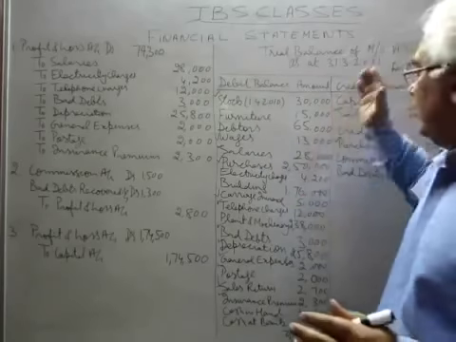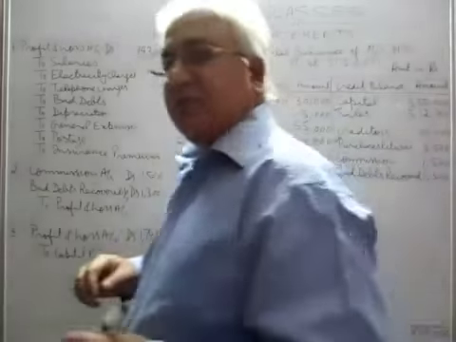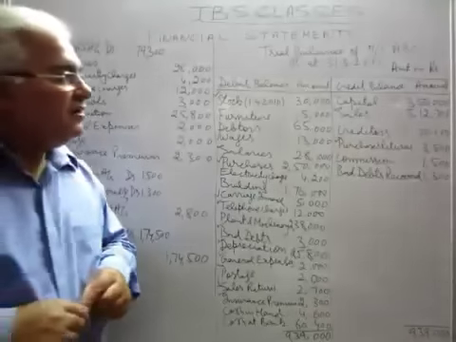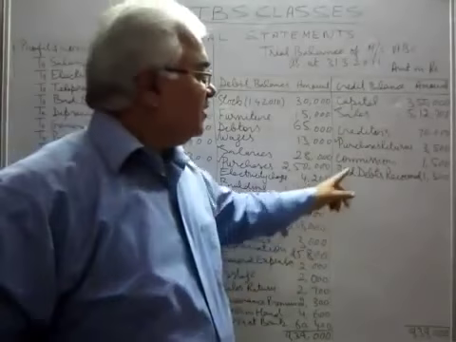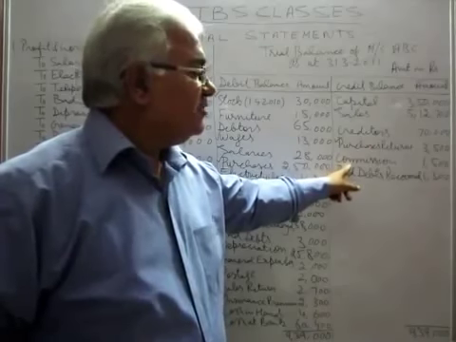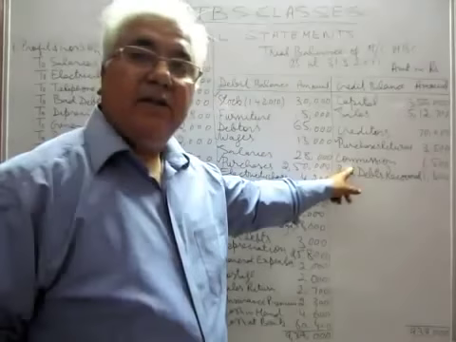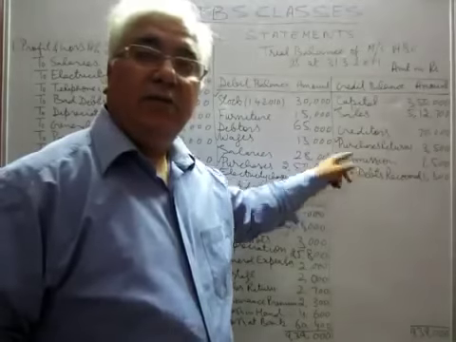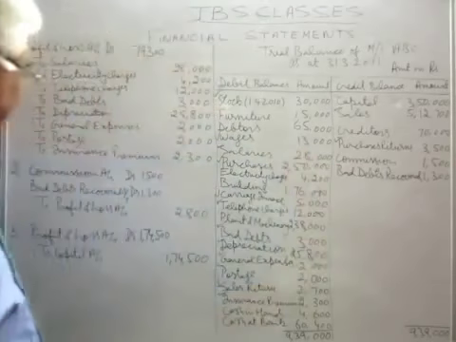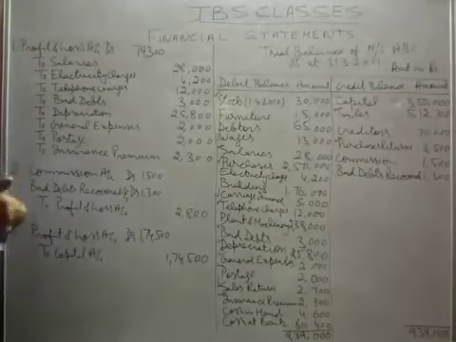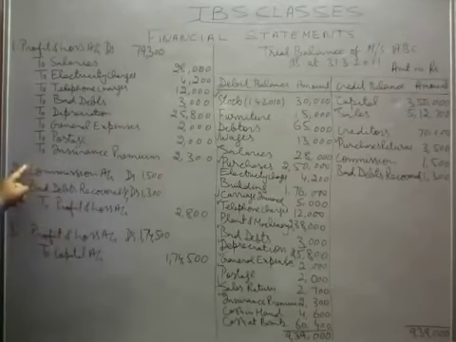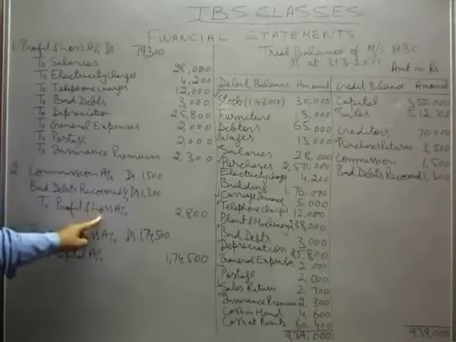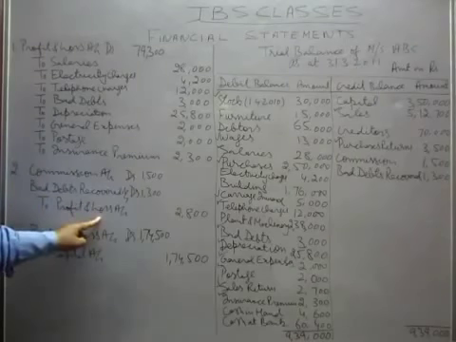Okay. Now here we have certain incomes, like we have commission. This is the commission we have earned, right? It's an income, so it will be credited to profit and loss account. And what should be the entry for this? Commission being a credit balance, so it will be debited, and profit and loss account will be credited.